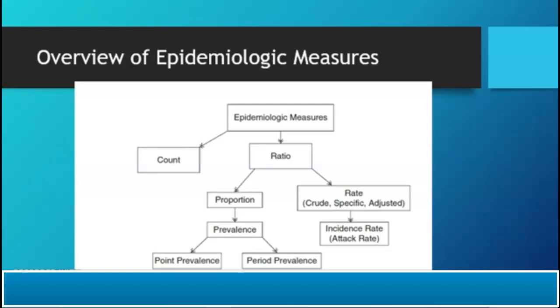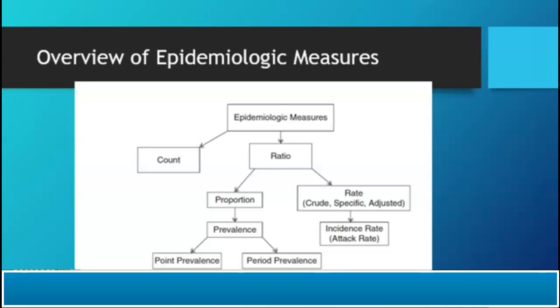Now, there are different types of ratios. There are proportions, and then there are rates. A lot of times there's confusion between proportions and rates. Really, it's a matter of semantics, but a lot of times you'll see people write prevalence rate, incidence rate. But in actuality, a prevalence is a proportion.